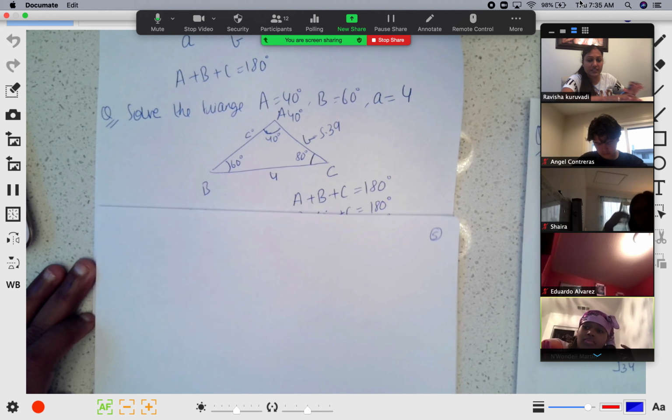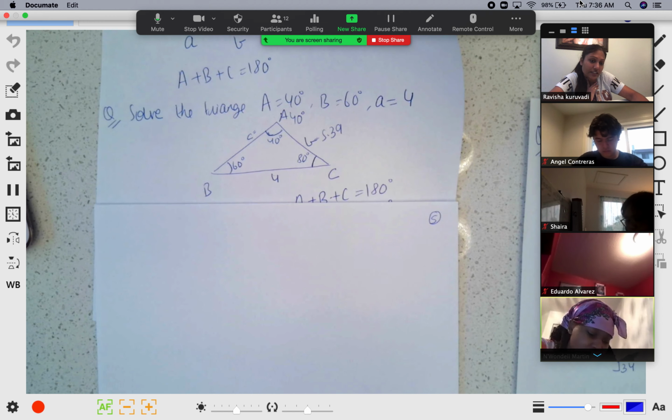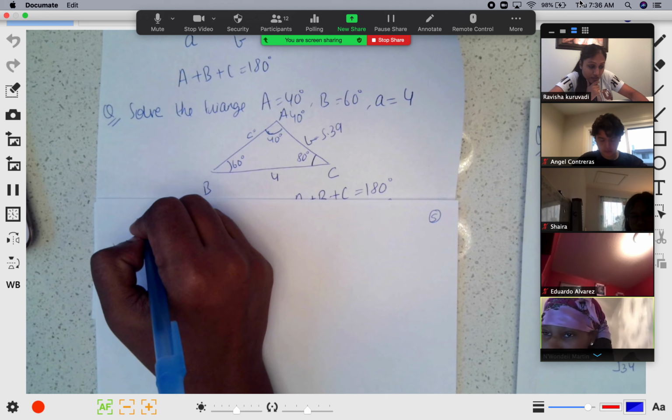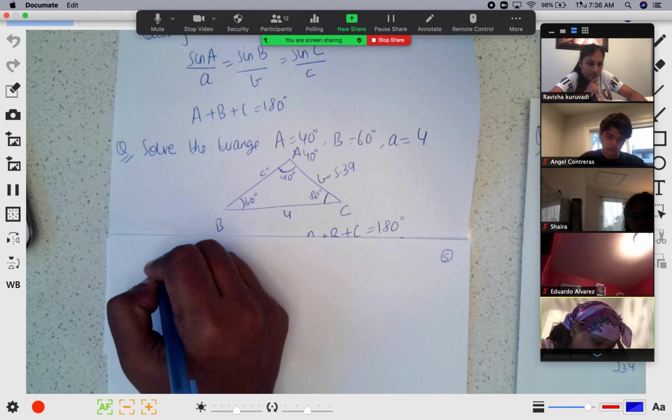Anybody with C? Would you use the law of sines again? Yes, you can use the law of sines. What will I use to find C? I need to find the small c here.